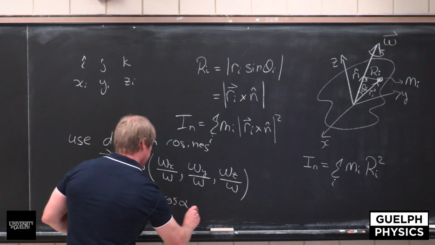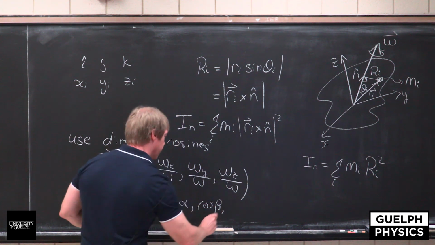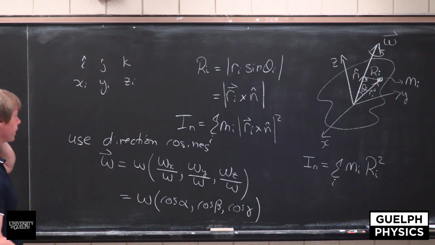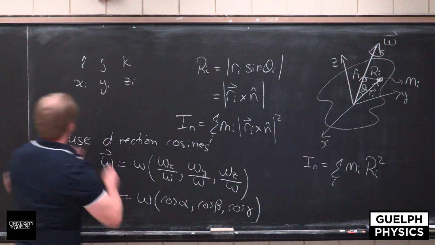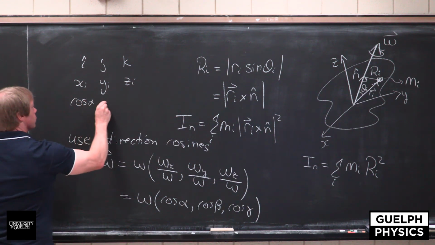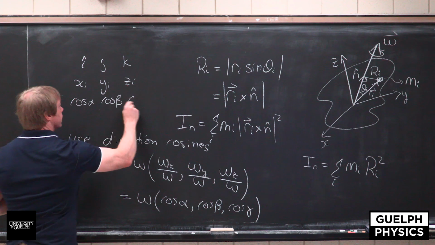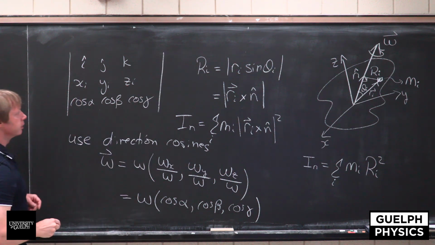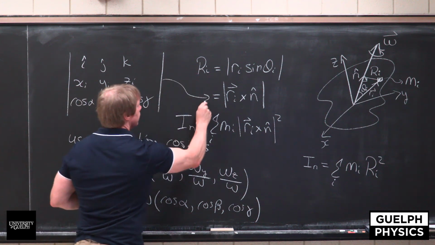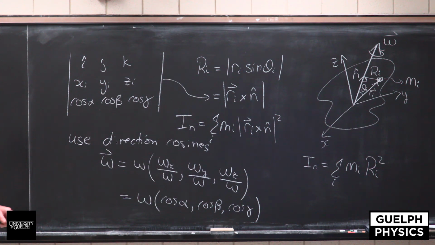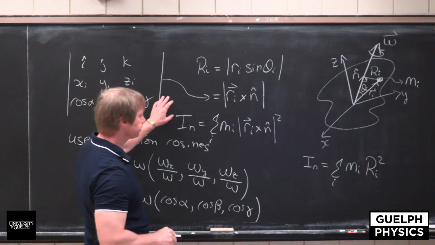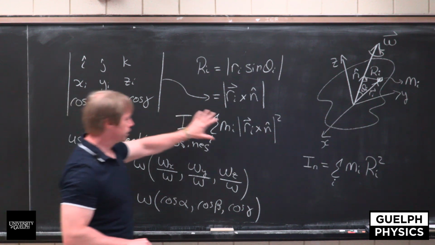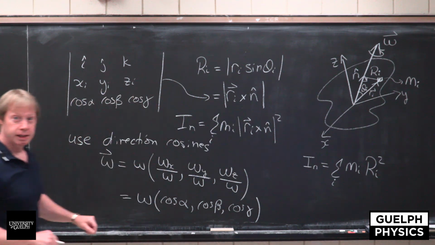So I'll call that cos alpha, cos beta, and cos gamma. So these I insert, cos alpha, cos beta, cos gamma, and I take my determinant, and that will give me the cross product. So then we have to work this out, take the square, and then see where that will lead us.